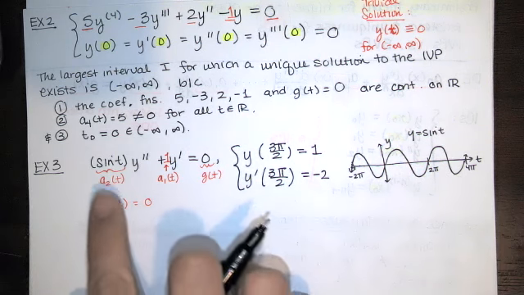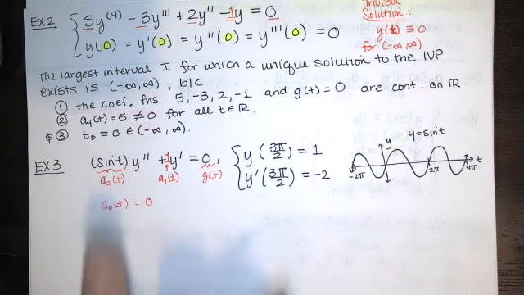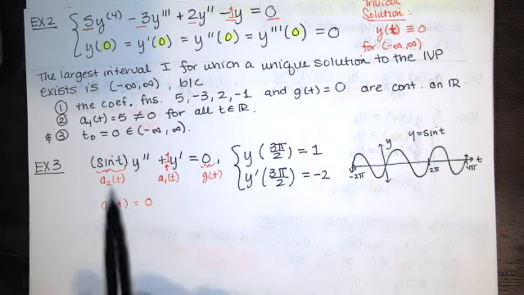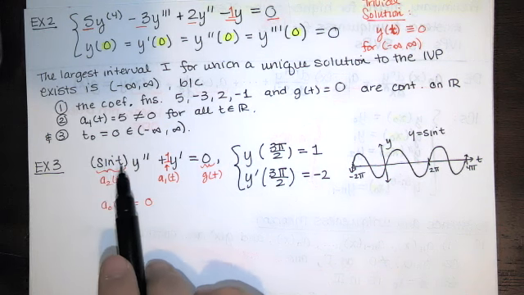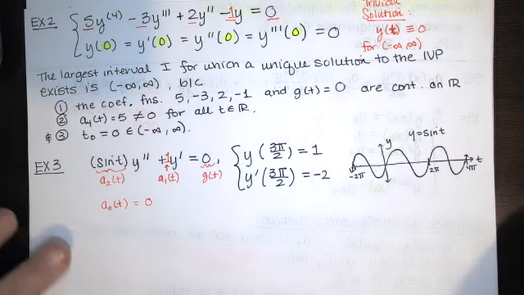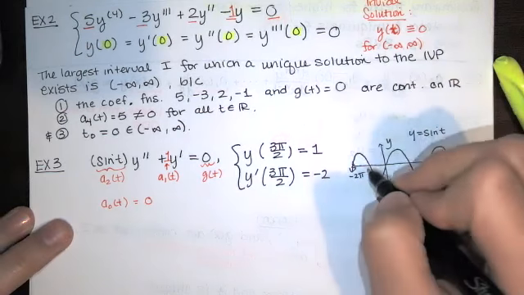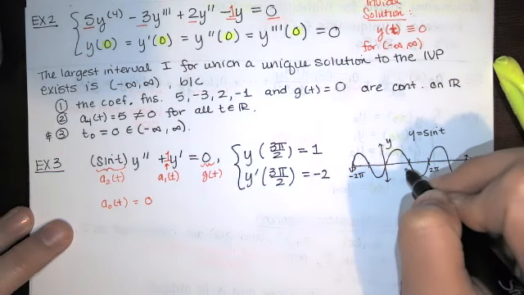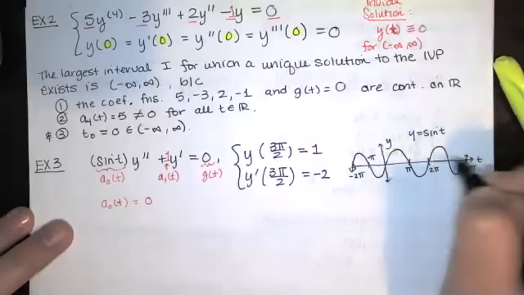We're going to have a problem here whenever sine of t is equal to 0, because our largest interval of existence can't allow that leading coefficient function to be 0. So our leading coefficient function is 0 at all of the points where this sine of t function crosses the t-axis.